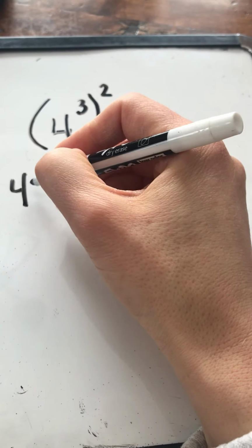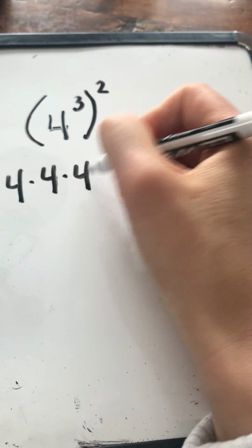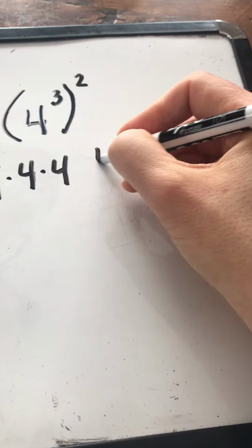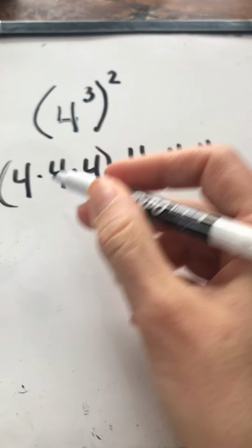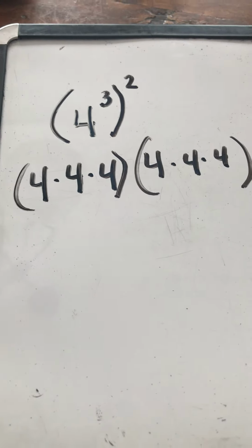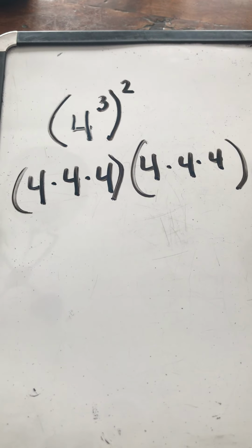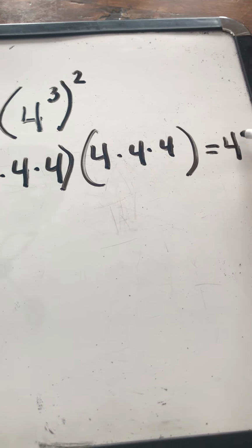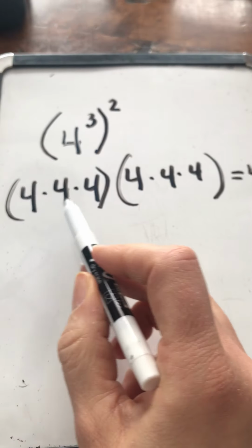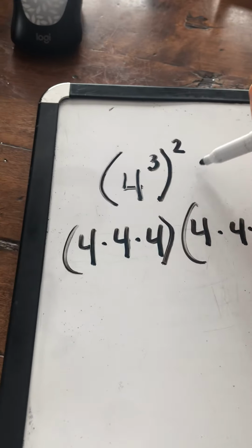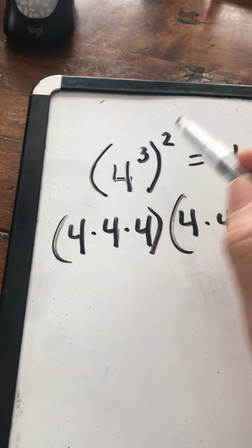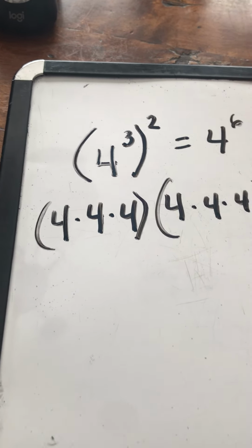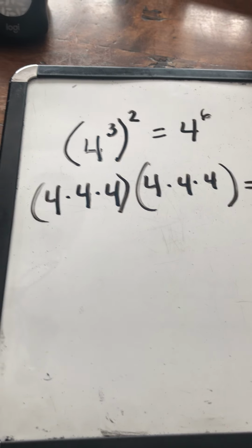Well, 4 to the 3rd is this, and I've got to do it 2 times. So there it is for the first one, 4 to the 3rd, times another 4 to the 3rd. I have 4 to the 6th power, because I have 6 4s listed here. So the property states, when you have a power of a power, you just multiply the 2 exponents.